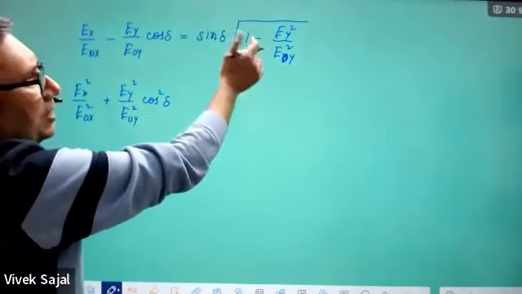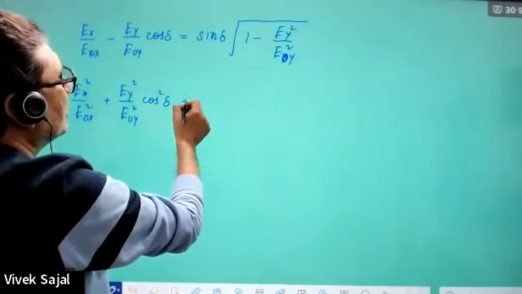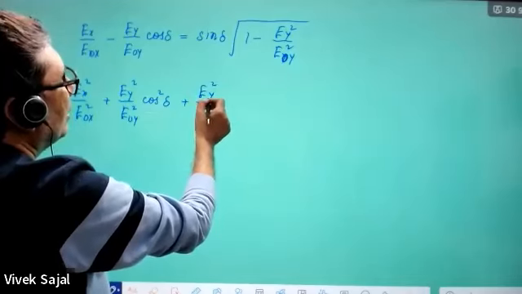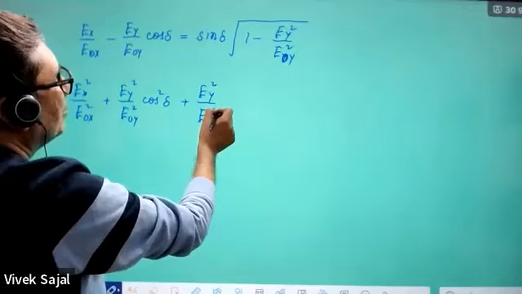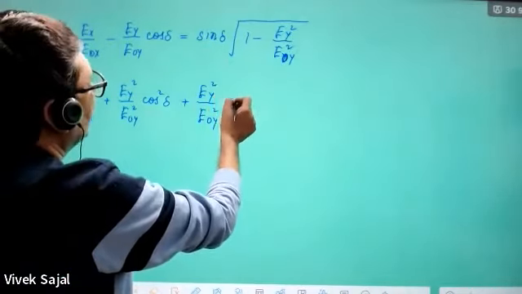On the other side, on squaring, this will be Ey square by E naught y square sine square delta.